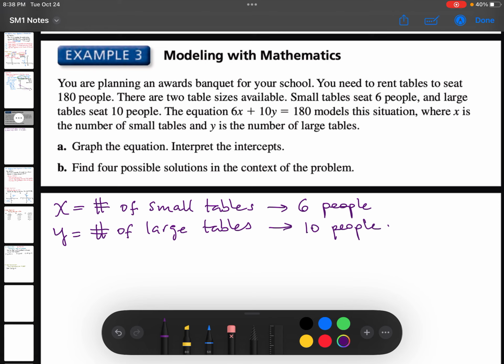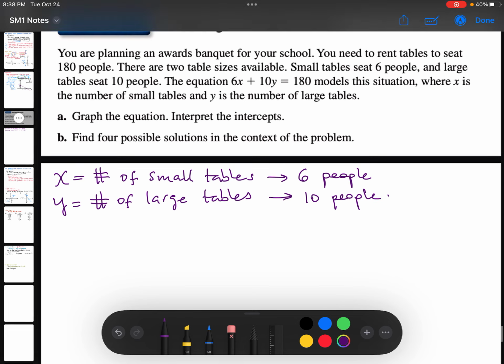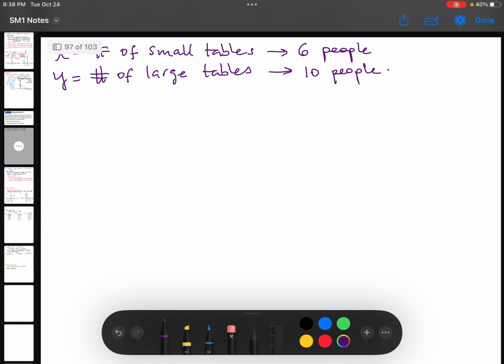Now I want you to make sense of something. Look at that. So I have 6 people times the number of small tables. This is the number of people seated at the small tables, right?